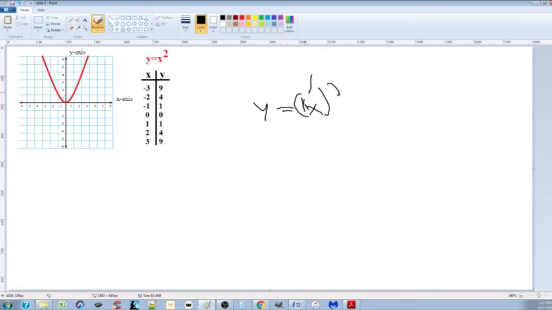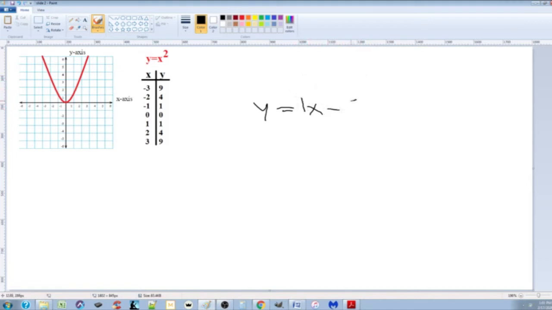And this is an important thing to distinguish. The k is beside the x before something happens to it, before it gets squared or square rooted or whatever. So that's how you distinguish the k from the a. Both of them affect the stretching of the graph. And again, don't worry about it just yet.